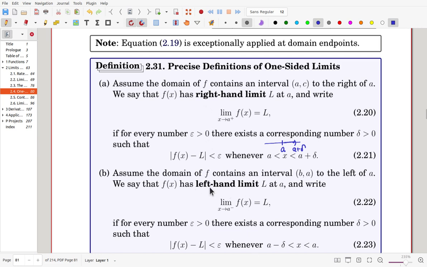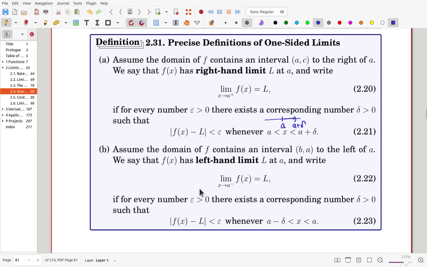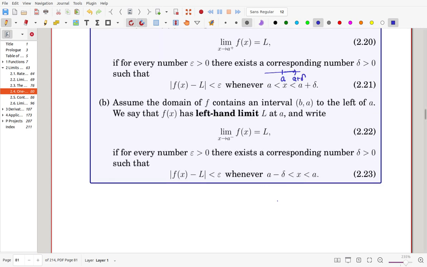Similarly, the left-hand limit is defined with the condition that x is in the other half interval, within delta of a, that is, a minus delta.